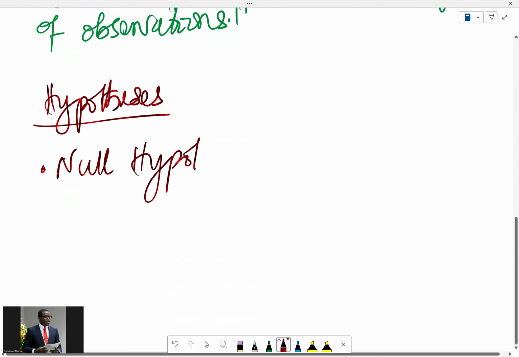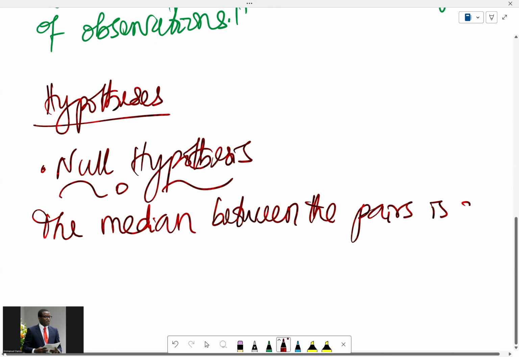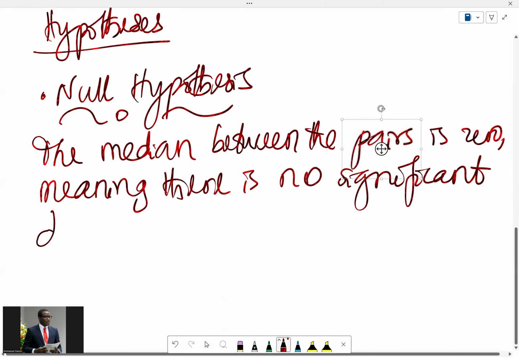So the null hypothesis for the Wilcoxon signed-rank test: the median between the pairs is 0, meaning there is no significant difference between the two samples.